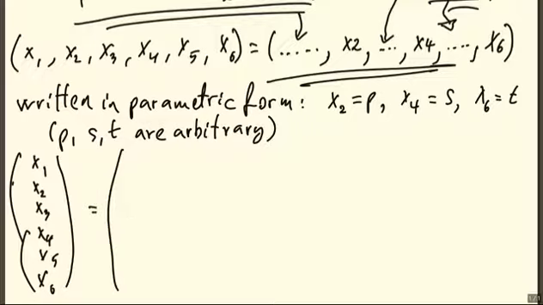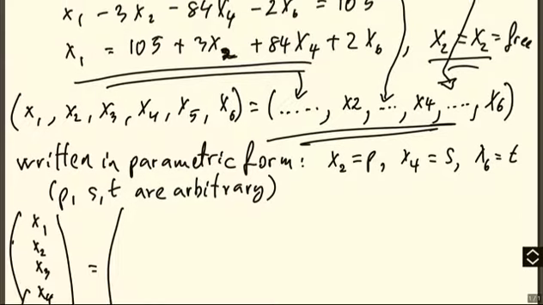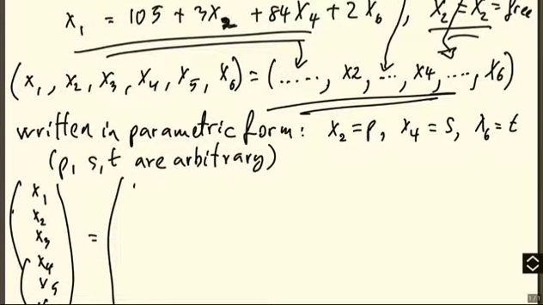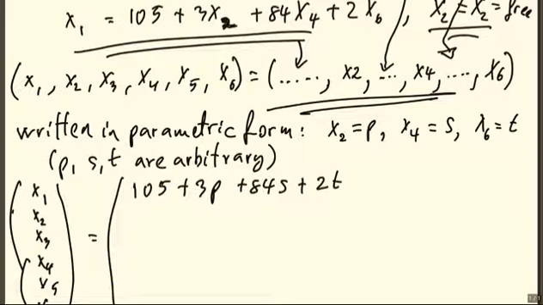So first, let me write this down entry by entry, what x1 is, starting with maybe the constant 105. Then we have 3x2 is now 3p plus 84x4 is 84s, and 2x6 is 2t. Then for x2 we have that it's p.